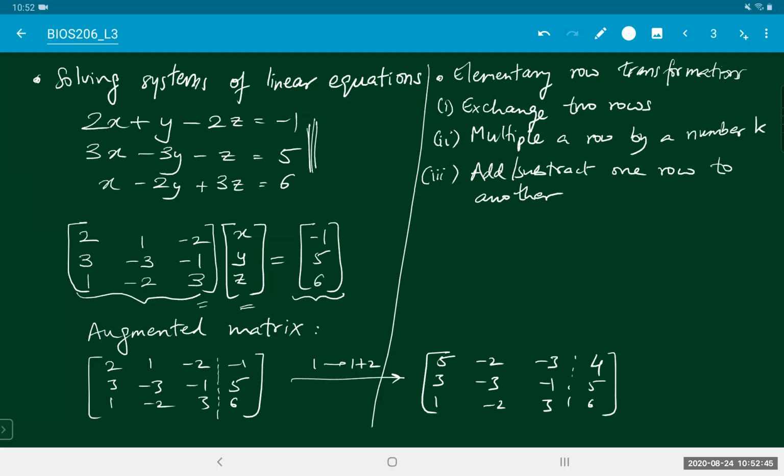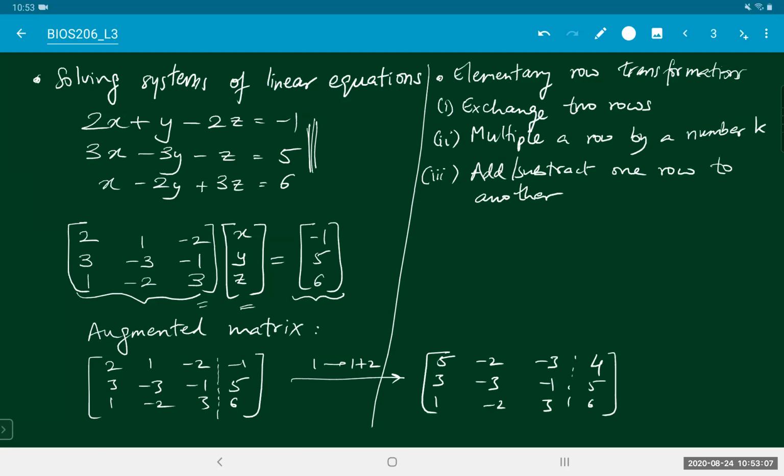Is there any particular criteria with respect to the dimension here or not? So, if you want a proper solution, then the number of variables must be equal to the number of equations. If you have 3 unknown variables, then you must have 3 equations in order to be able to solve them. If you have 3 variables but only 2 equations, you will not be able to solve them, right?